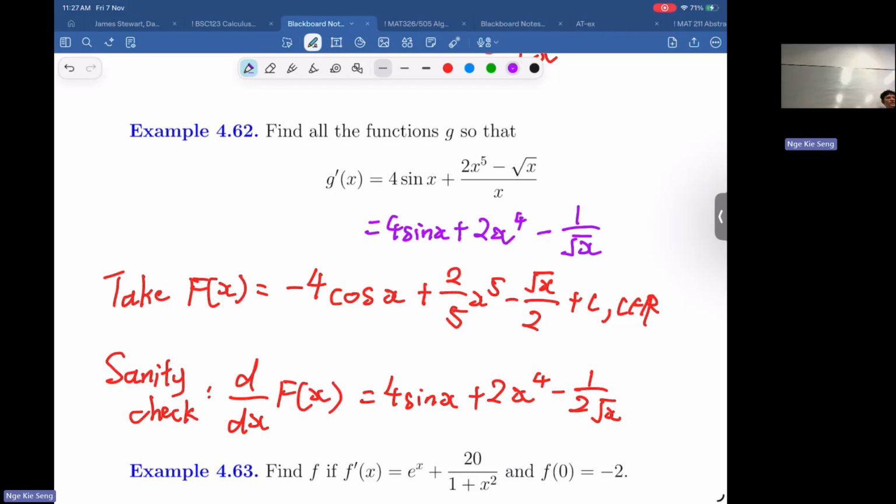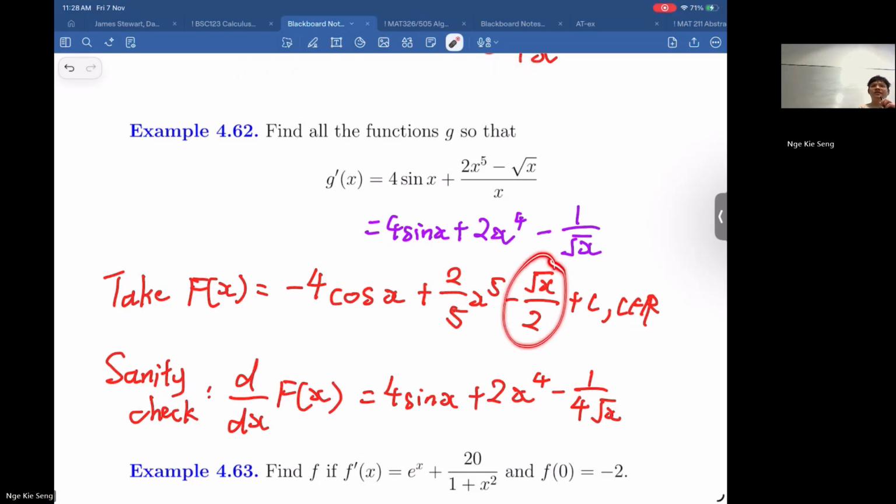So can we modify it? How to modify? There's an extra half. Did I differentiate wrongly? I think I differentiated wrong, right? This is 1 over 4, right? There's an extra factor of 4 here. I differentiated this term off. Differentiate minus square root x over 2, correct or not?